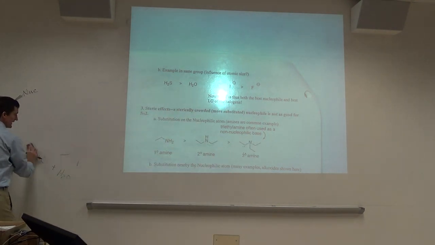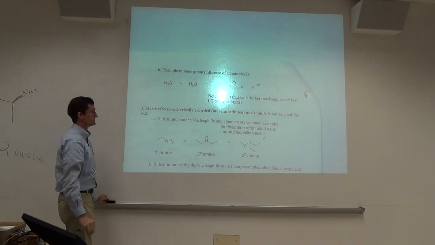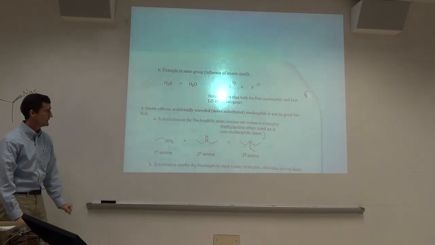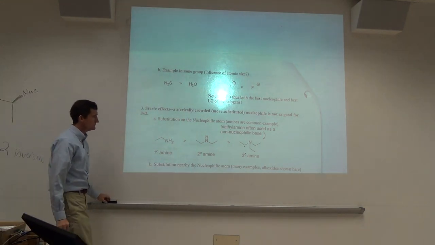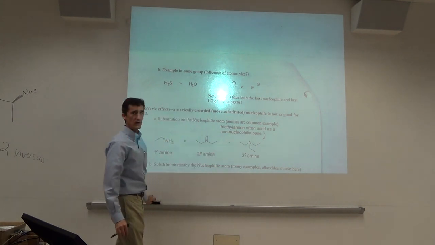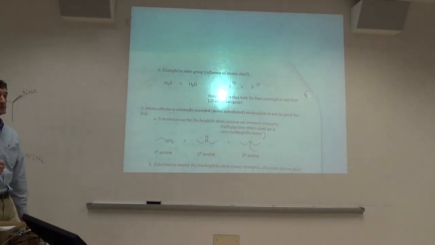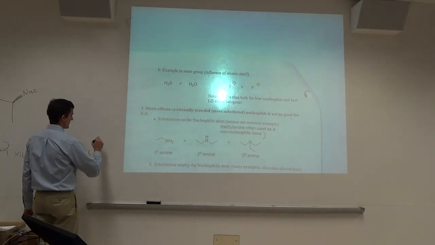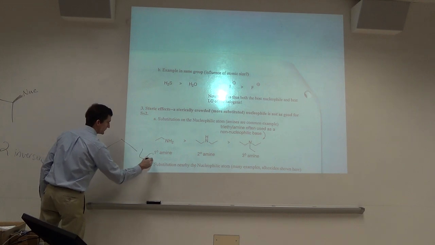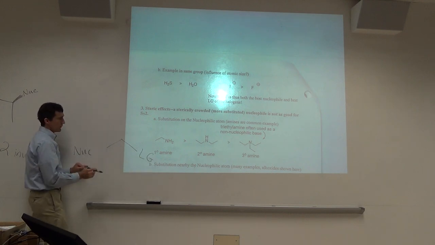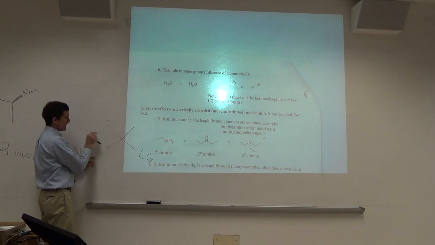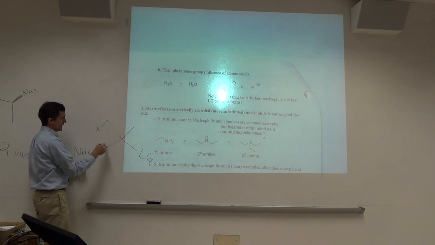Another effect of nucleophile: sterics. A sterically crowded nucleophile is not as good for SN2. If we look at this for the electrophile, it's the same argument for the other species. If you've got a nucleophile coming in to react with something with a leaving group, we already said you don't want to have a lot of substitution over here because it blocks the nucleophile from coming in.